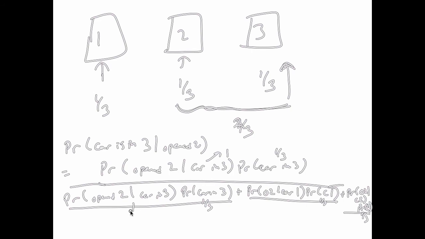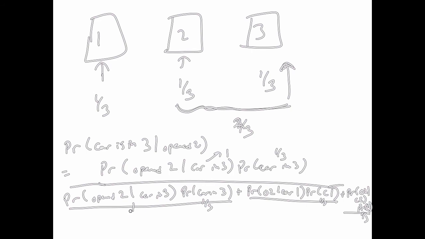What's the probability of opening 2 given the car is in 1? Well, again, it's 1. If you chose 1, and Monty Hall had to choose between 2 and 3, I'm sorry, I shouldn't say that. Back up. The probability of opening 2 given the car is in 1 is a half.